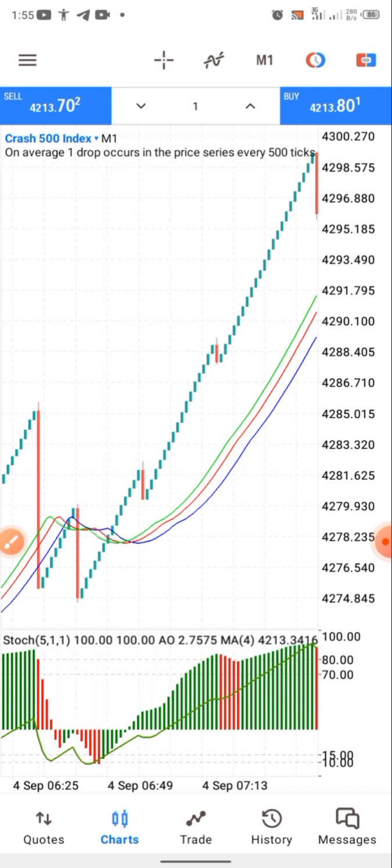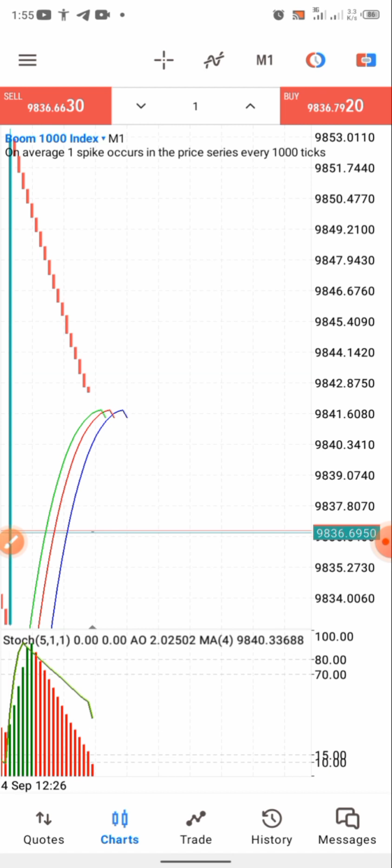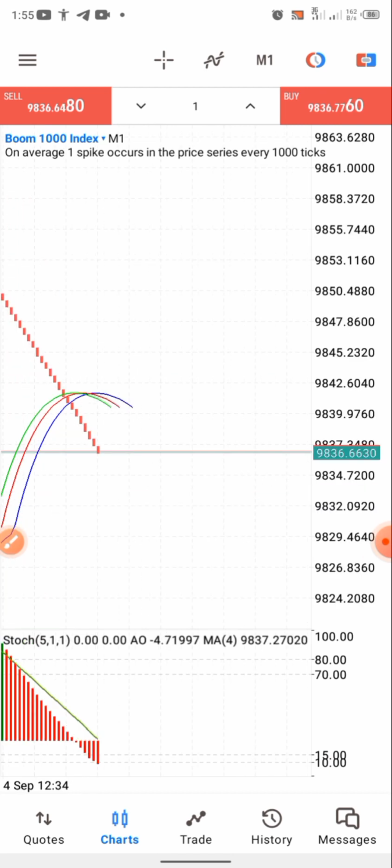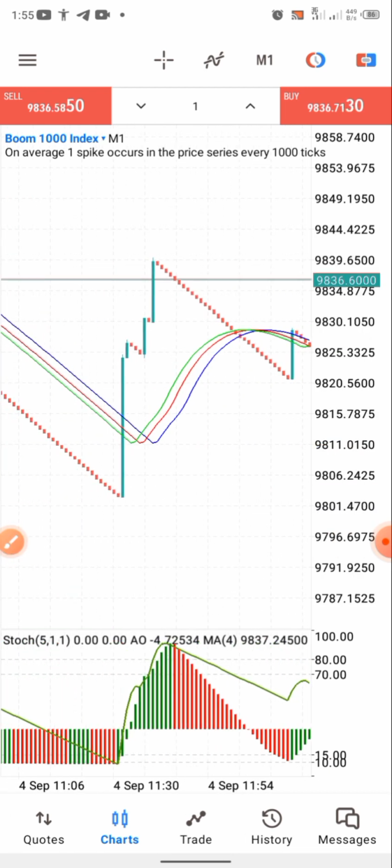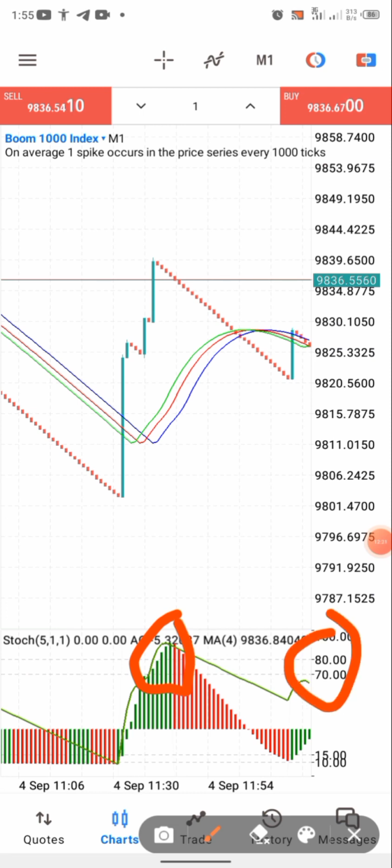Now on Boom, this is what we are expecting. We are expecting that it's going to be in the opposite direction. We are expecting to see that the oscillator is at the 70 to 80 levels, and also the moving average touching the 80 or 70 levels of the stochastic oscillator.